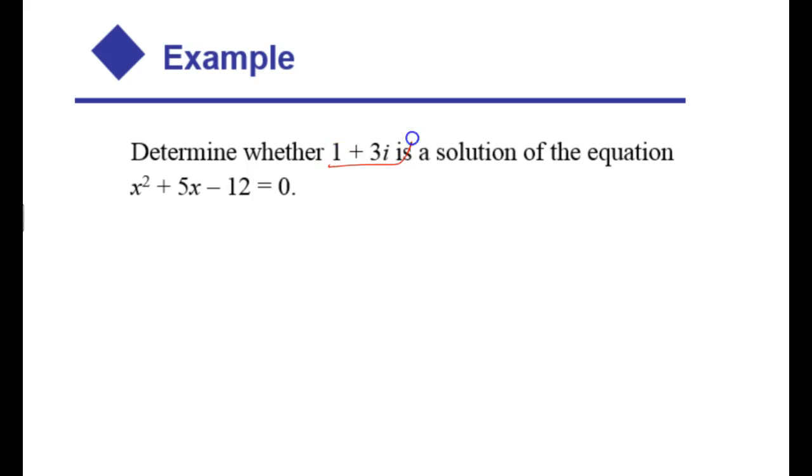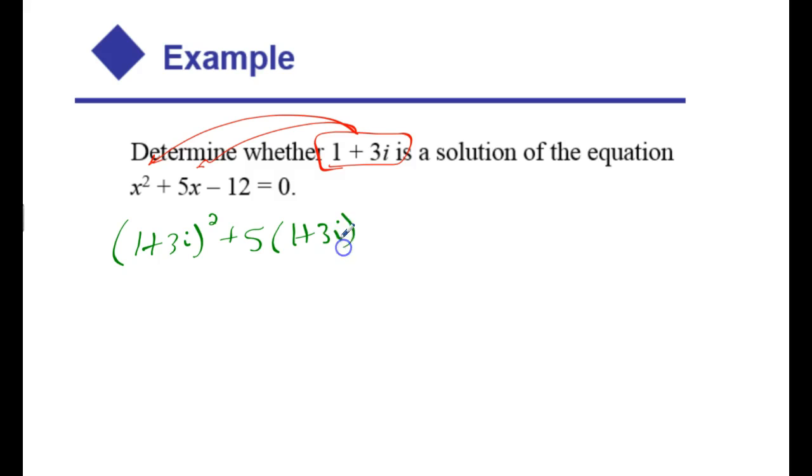So to determine whether something is a solution or not, all we have to do is plug this in and evaluate. So let's try it. 1 plus 3i quantity squared plus 5 times 1 plus 3i minus 12. Let's check to see if it equals 0. So over here I'm going to use my definition, squaring the first, twice the product, and square the last.